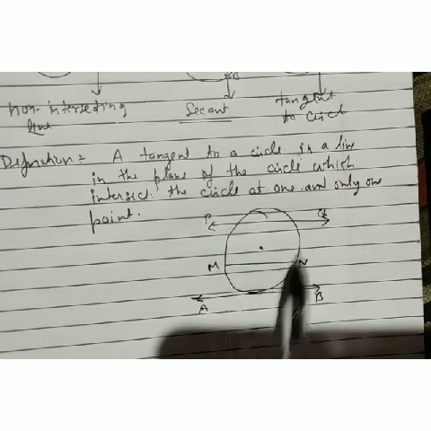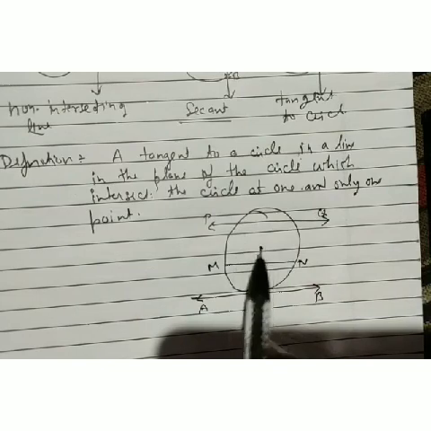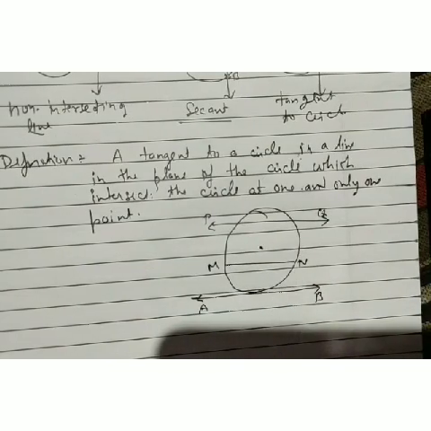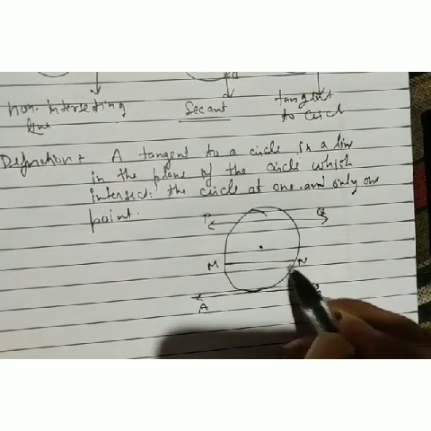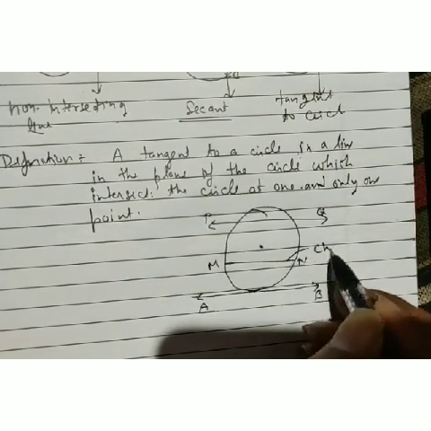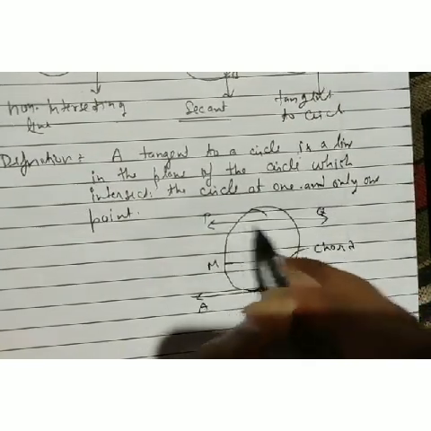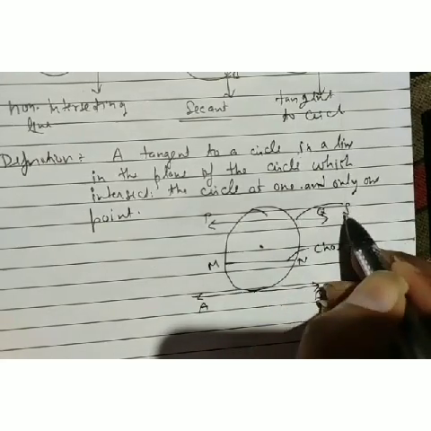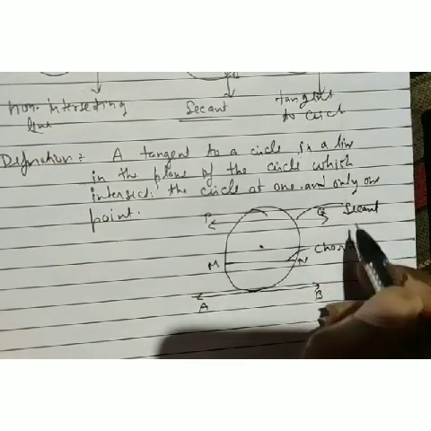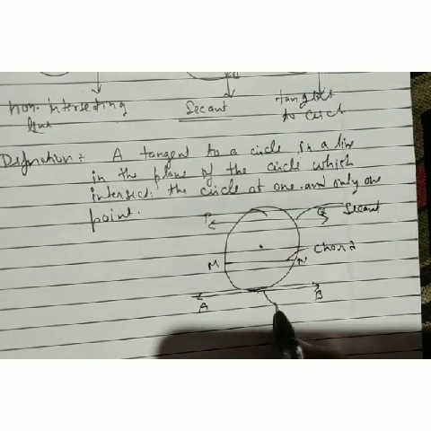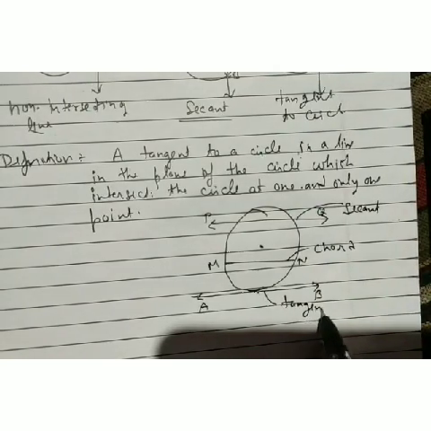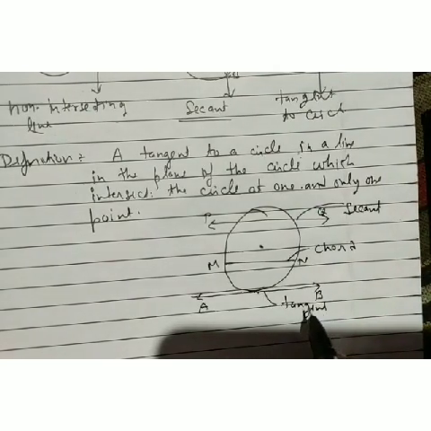In a single figure, in the circle, we have taken this MN, which is our chord, and this PQ, which is our secant, and the line AB is the tangent.